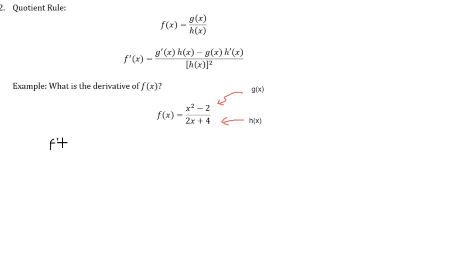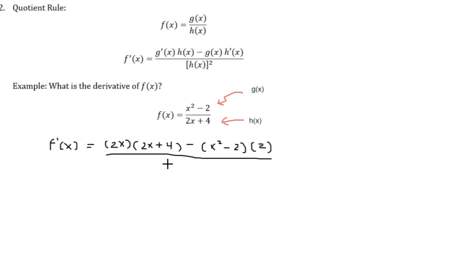So f prime of x, the derivative of f of x, is equal to the derivative of the top, which is 2x, times h, which is 2x plus 4, minus g of x, x squared minus 2, times h prime of x, which is the derivative of h, which is only 2.